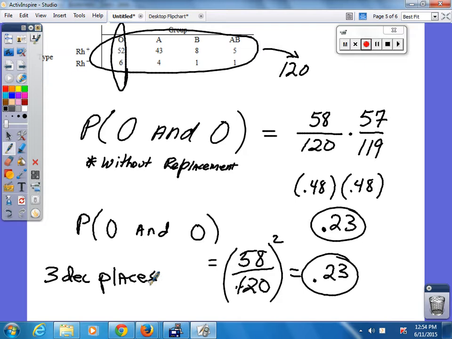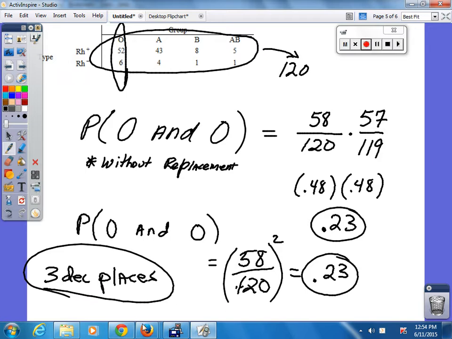I don't know if this was additive law or multiplicative law, so I don't know what it was formulated for. But most of the time, all your answers are going to be 3 decimal places. You'll see the difference when we do the CD problem especially. Let's go to the CD problem, because that's the one I like to put on the test.